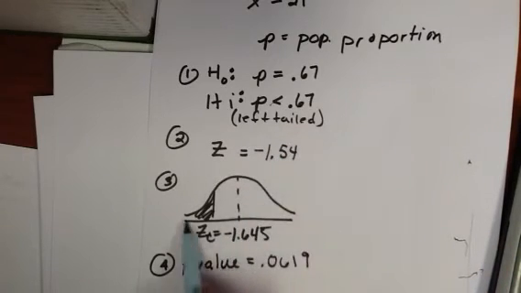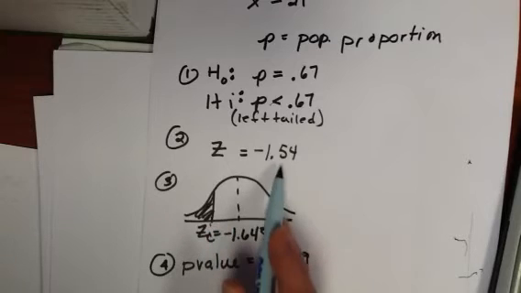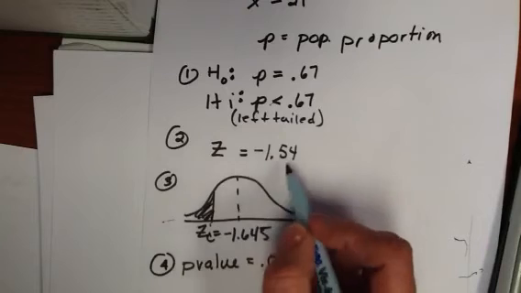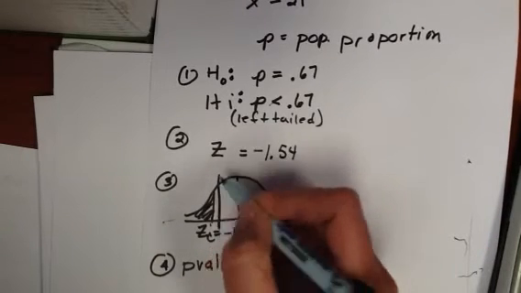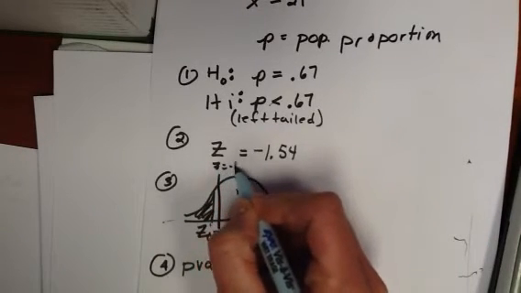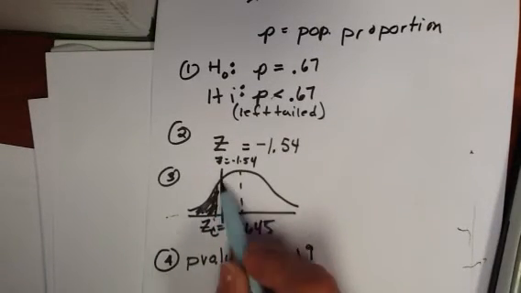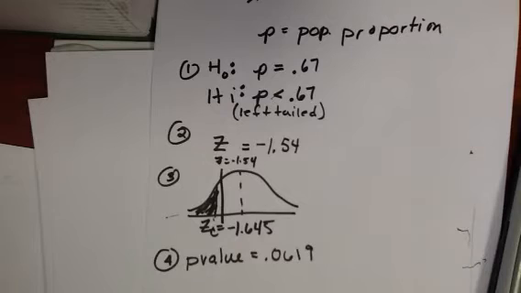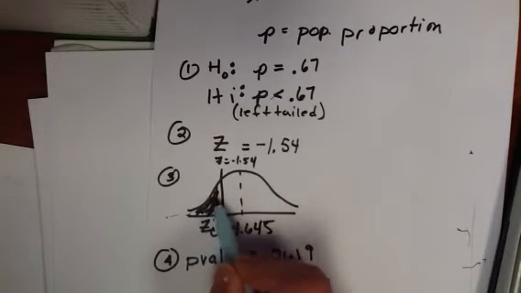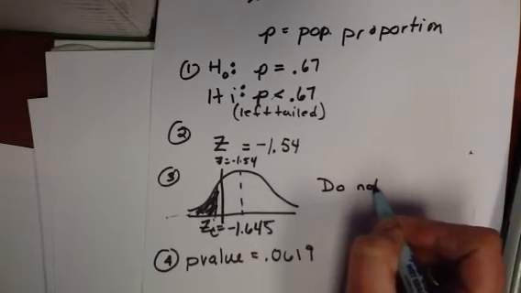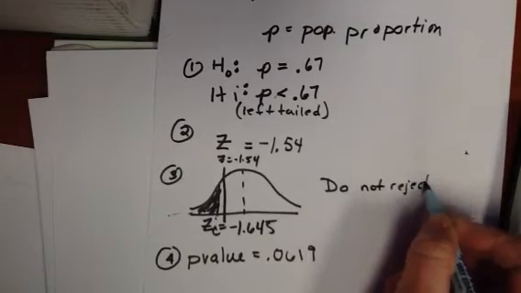Where's negative 1.54? If this is a number line, here's our negative 1.645. Is negative 1.54 to the left of this or to the right? It's really close to the right, correct? Does this number fall in our shaded region? No. Our shaded region is the rejection region. This region that's not shaded is where we do not reject, so our decision is do not reject H naught.